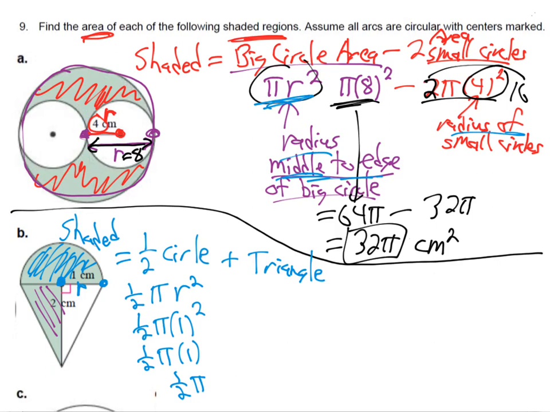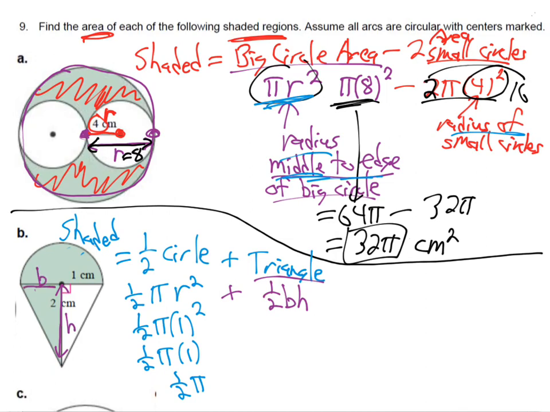Plus, and now we've got to do the triangle. What's the area of a triangle? A half times base times height for any triangle. So for this shaded triangle over here, remember base and height are at 90 degrees to each other. So this has got to be the height, which is 2.